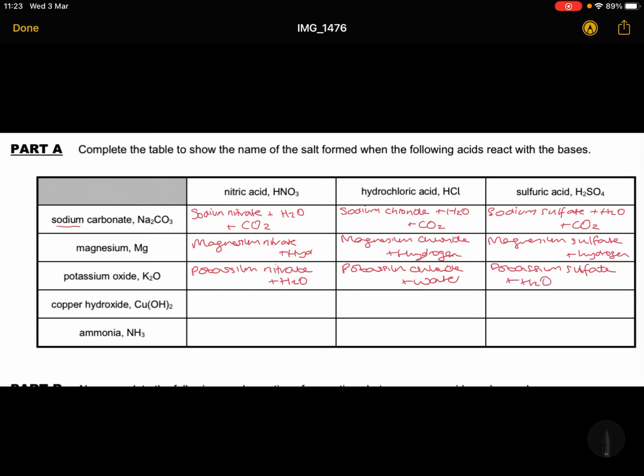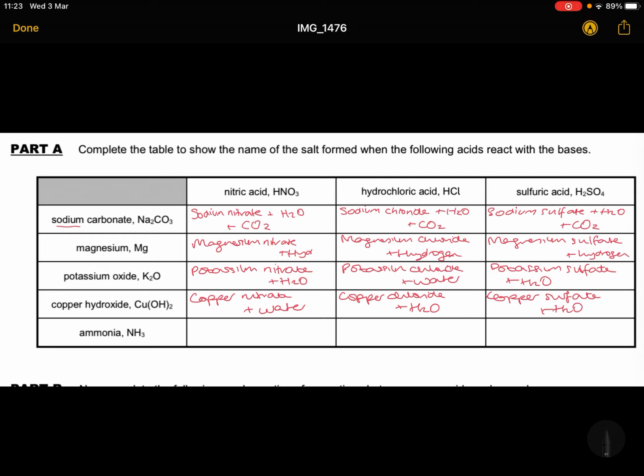Okay, copper hydroxide, like I said, will also do the same. It'll make a salt and water. So copper nitrate plus water, copper chloride plus water, and copper sulfate plus water.